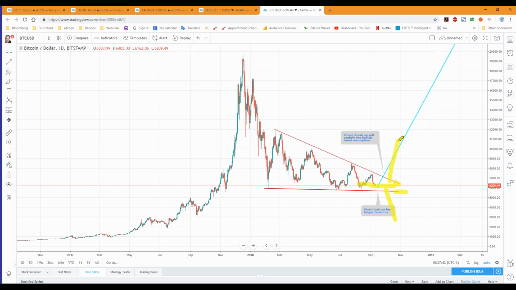Now, that's a whole part of technical analysis. We have ascending triangles, descending triangles, symmetrical triangles. Then we have wedges, we have channels, we have pennants, we have flags. All of these are patterns that appear on the charts based on price action.